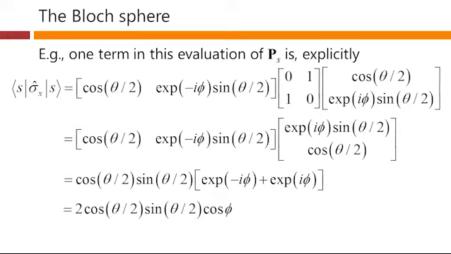So here's our 2 times the cosine of phi. And then if we look at this expression here, we recognize that that is just sine theta. And so finally then, we've evaluated this particular term, and we got sine theta cos phi. And we could similarly evaluate the other two terms in the spin polarization vector PS.